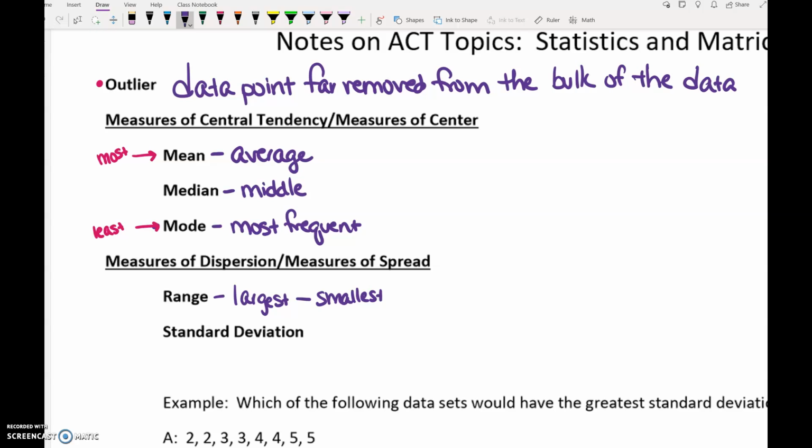That data would cover 8 numbers on the number line. If all of your numbers were between 2 and 5, that only covers 3 units on the number line. The more space you cover on the number line, that's more spread out. So if the range is large, it's more spread out.